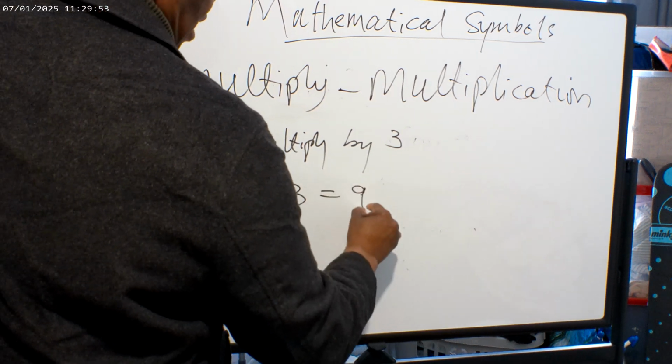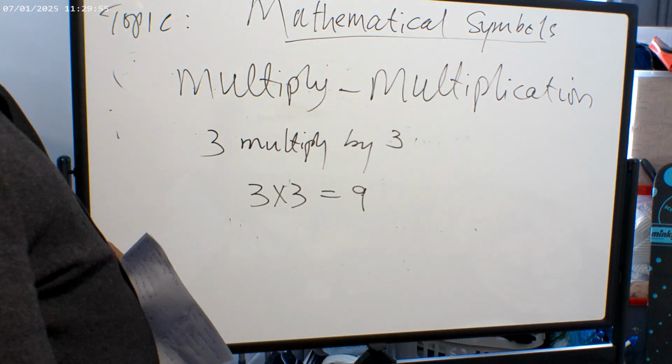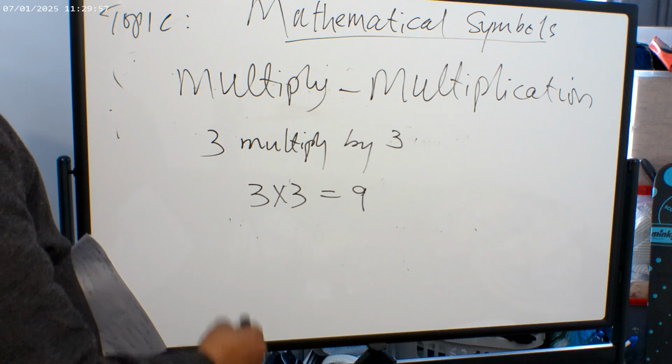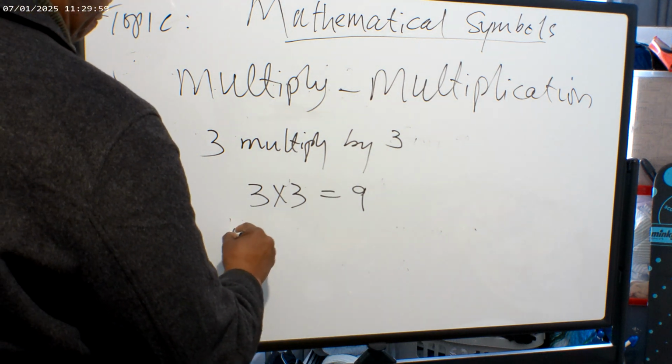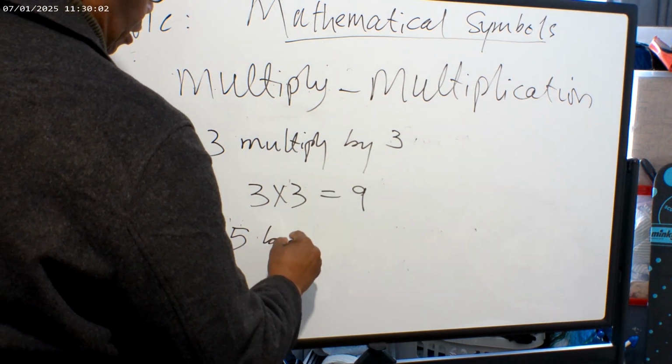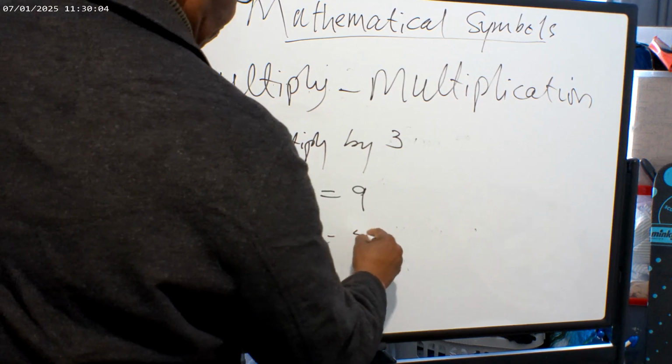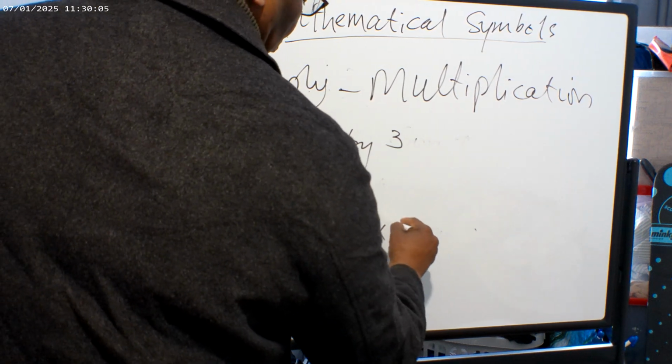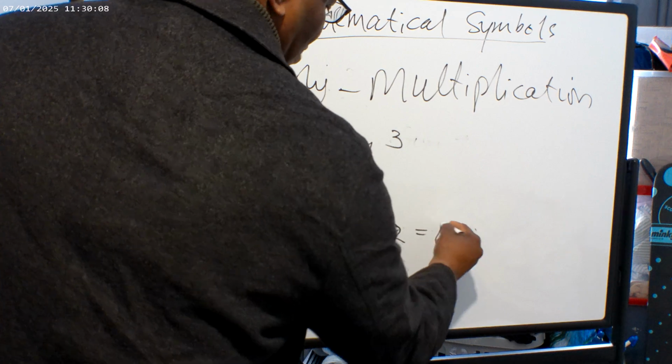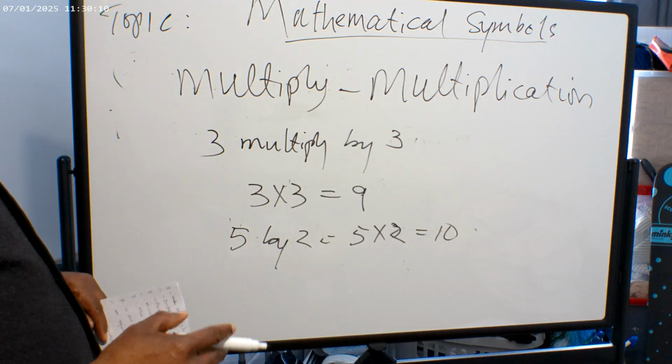So it will give us 9. If I say multiply 5 by 2, it means 5 times 2, and the answer will be 10.